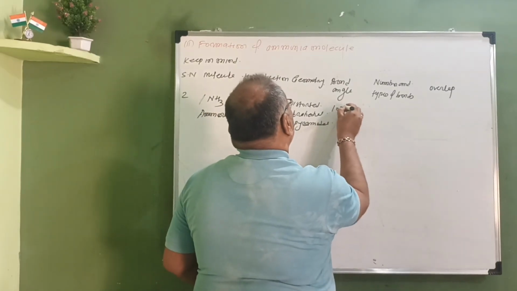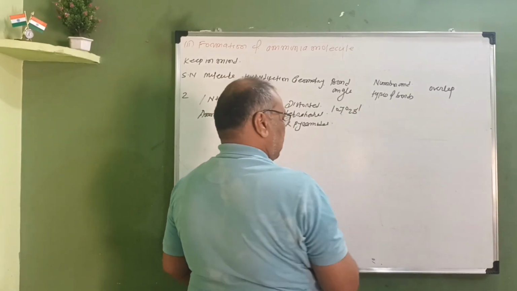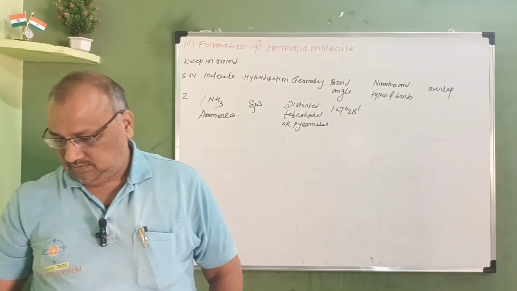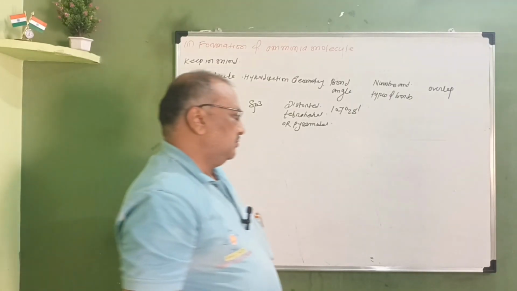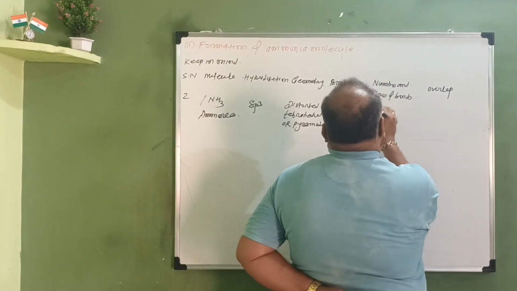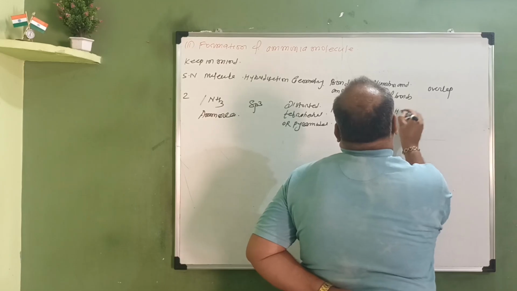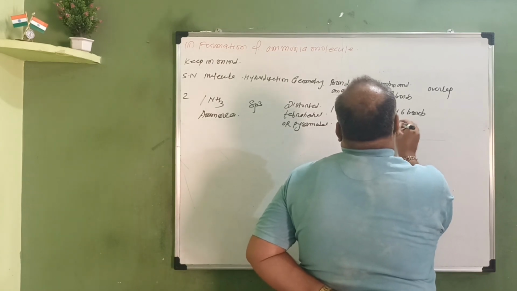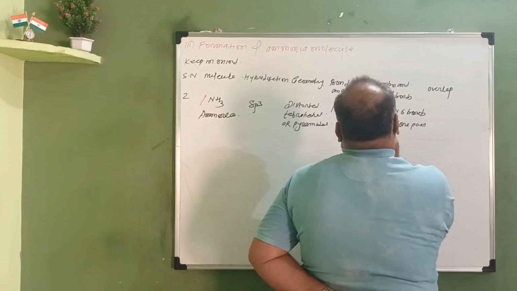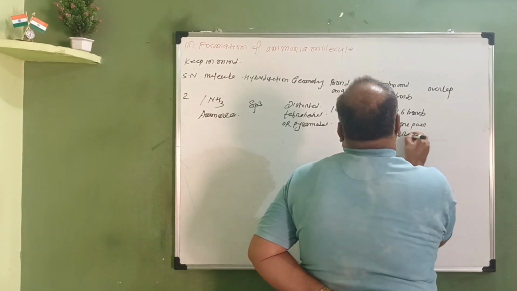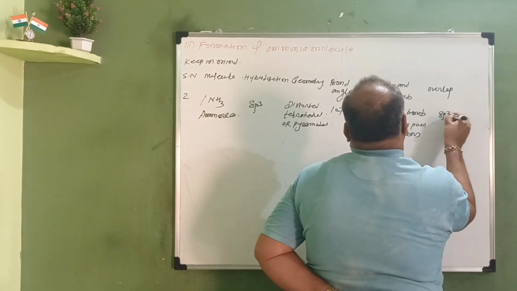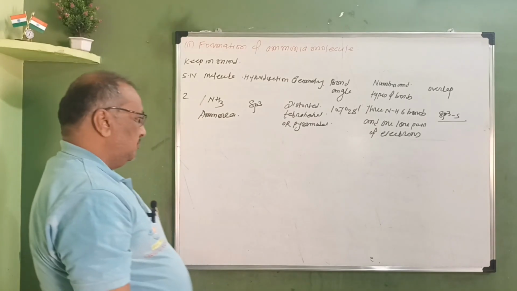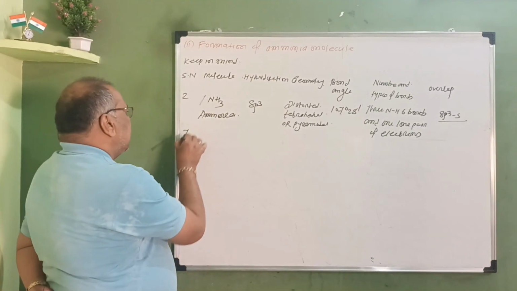Here bond angle 107 degree 28 minutes. Number and types of bond: here write down 3 N-H sigma bonds and 1 lone pair of electrons, and here write down overlap sp3-s. Now here write down technique.